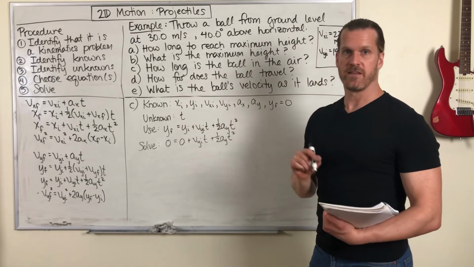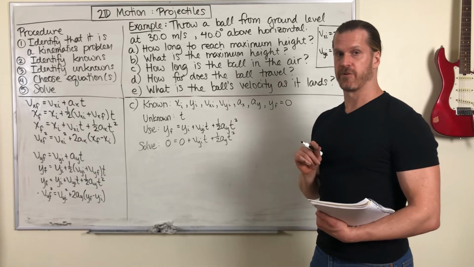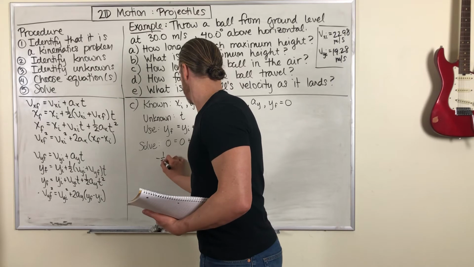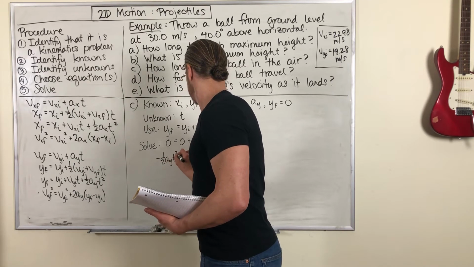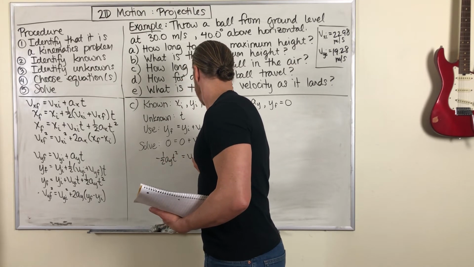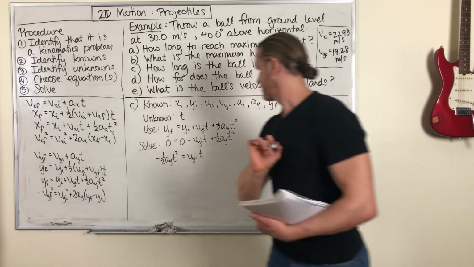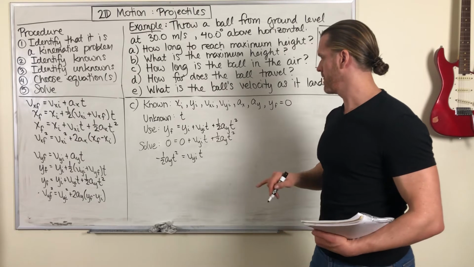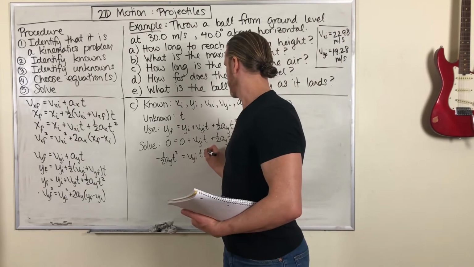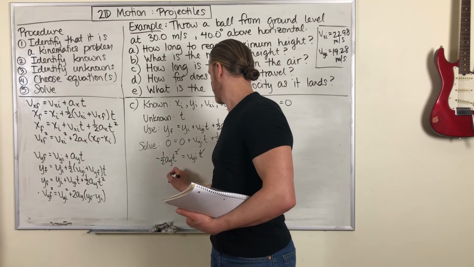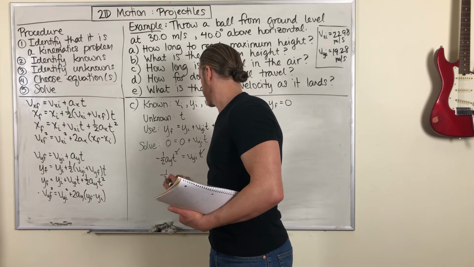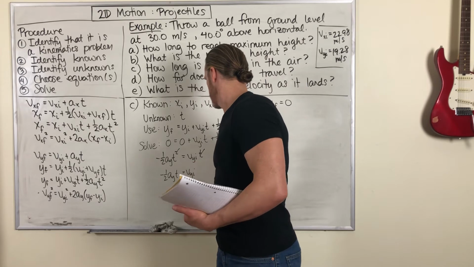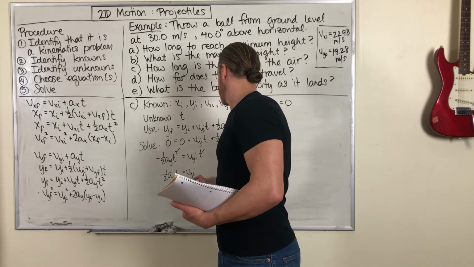So follow along with me as I do a little bit of algebra to solve for t. I move this term over to the left-hand side. Now I'm going to cancel one power of t. And solve for t.